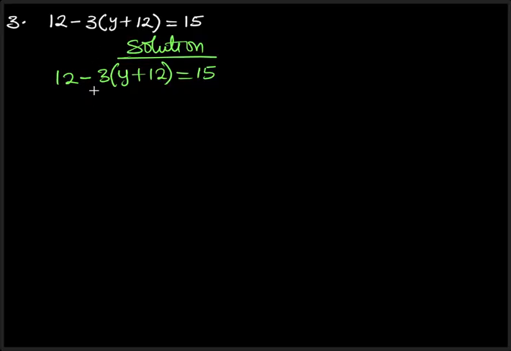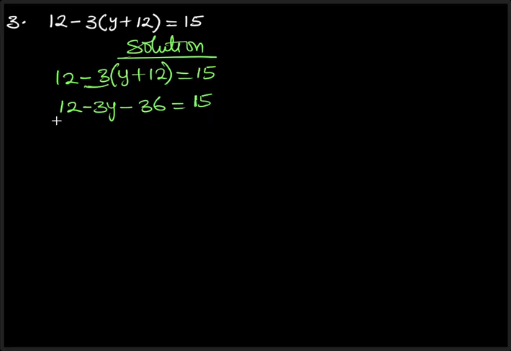What is multiplying this bracket is minus 3. So take down our 12, then minus 3 times y gives us minus 3y, then minus 3 times plus 12 gives us minus 36, equal to 15.